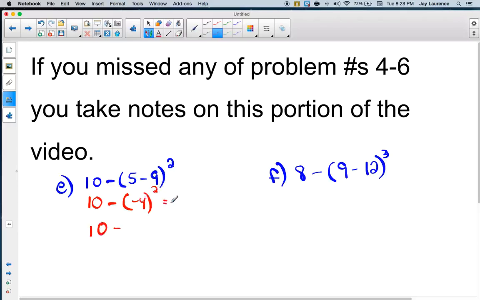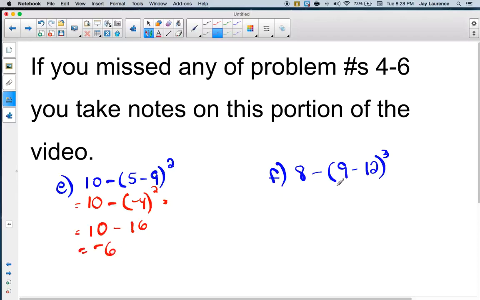That means negative 4 times negative 4. Well, that would be a positive 16, wouldn't it? That's not that negative. This negative turned into a positive 16. And now I have 10 minus 16. 10 positives, 16 negatives. There's 6 left over, 6 negatives. My answer is negative 6.